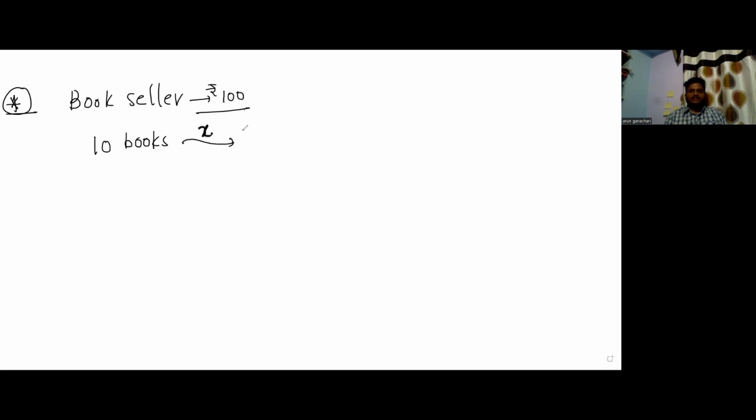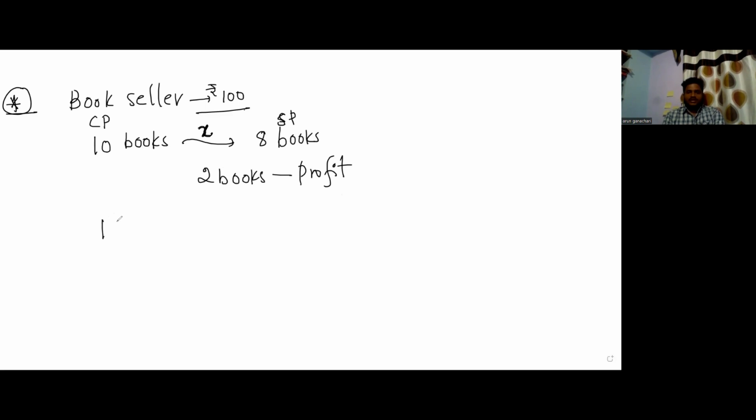Let us say the cost price of 10 books was X. When I sold 8 books, I got this X back. Getting this? So am I making profit now or loss? Profit. I'm making profit because whatever price I sell the remaining 2 books at, I'll have profit.